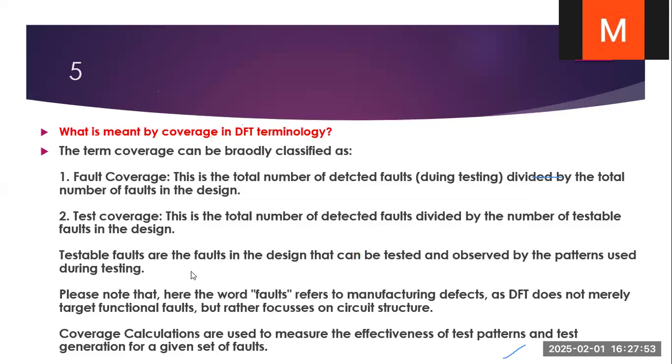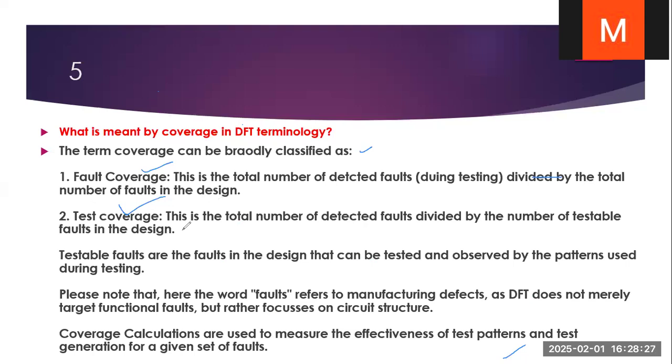My next question is, what is meant by coverage in DFT terminology? It's the most important. The term coverage can be broadly classified into two types: fault coverage and test coverage. Fault coverage is the total number of detected faults divided by the total number of faults in the design.